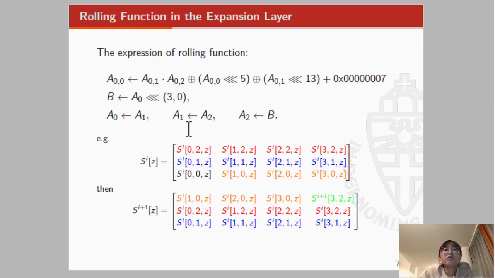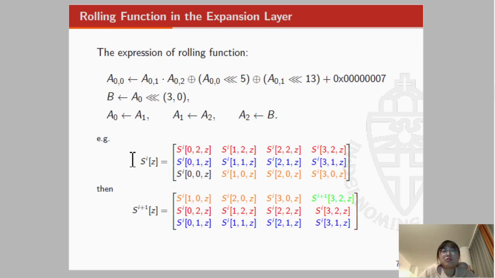Since we only focus on the expansion layer, we only introduce the rolling function in this layer. From the expression we can see the rolling function is nonlinear. Please see this example. si is the input of the rolling function, and si plus 1 is the output.